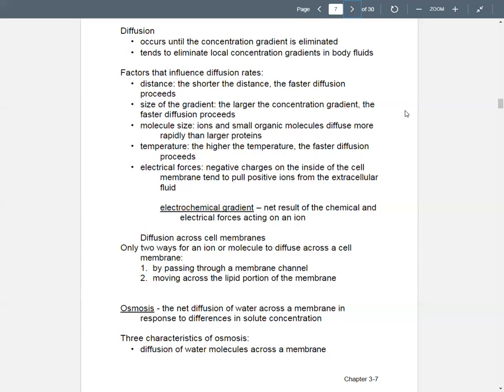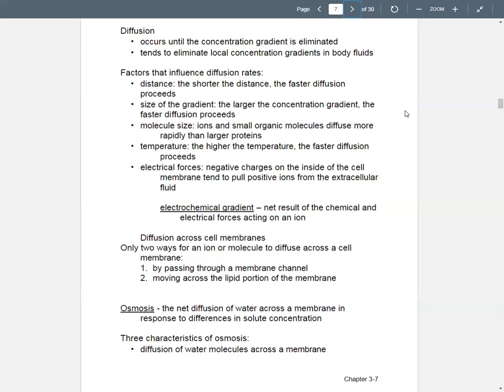Okay, size of the molecules. Ions as well as small organic molecules are going to diffuse more quickly than larger proteins. If I can carry one book, I'll move at one speed, but if I have to carry a whole big stack of books, I'm probably not going to move as fast, right?